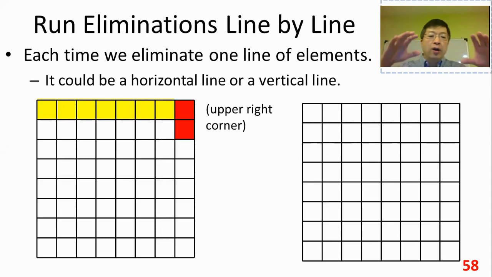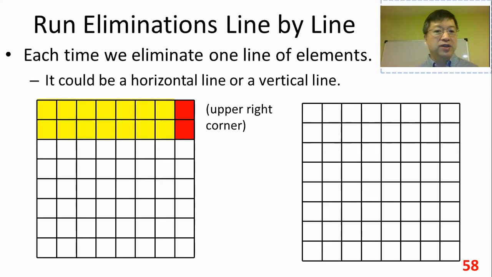Okay. Second, for the remaining elements in a rectangular area, now we select the upper right corner, this red box. So let's do another comparison and then try to eliminate one row or one column. All right. So this time we still do the random selection, greater than or less than. Okay. All right.